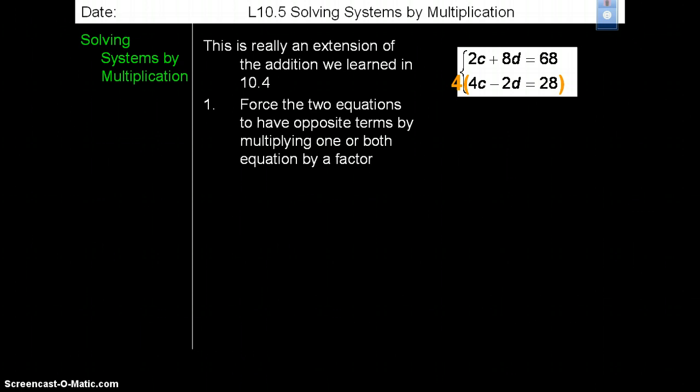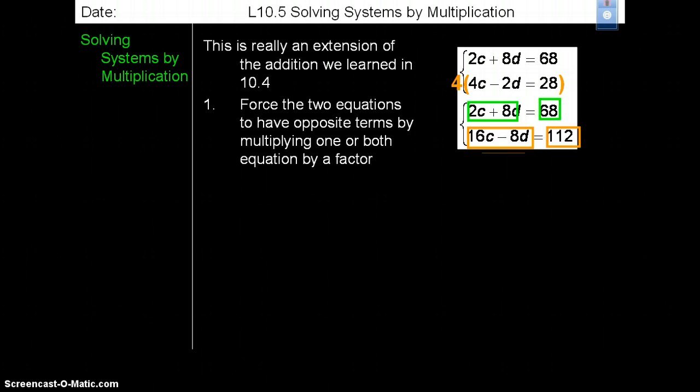If I were to multiply the second equation by 4, it would result in the equation 16c minus 8d equals 112. By multiplying the second equation of the system by a value of 4, we end up with what we talked about in lesson 10.3, where we have exactly opposite terms that when added will zero out.